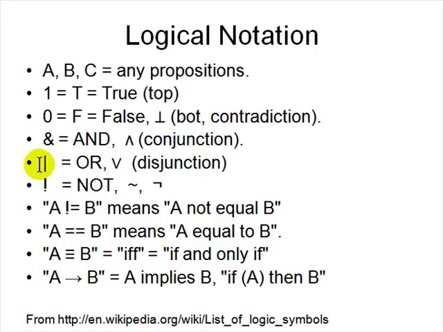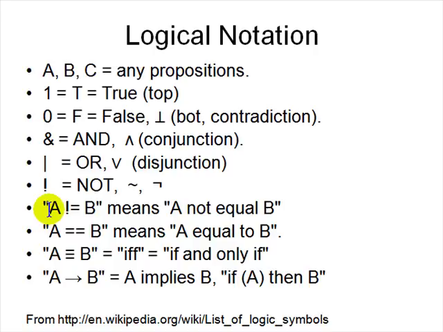Or is the bar or the pipe, it's also known as the disjunction operator, and we use the symbol V. Not we use on a computer in C programming, the bang or the exclamation mark, or the tilde in some languages for bit operations, and an L rotated sideways and flipped means not.